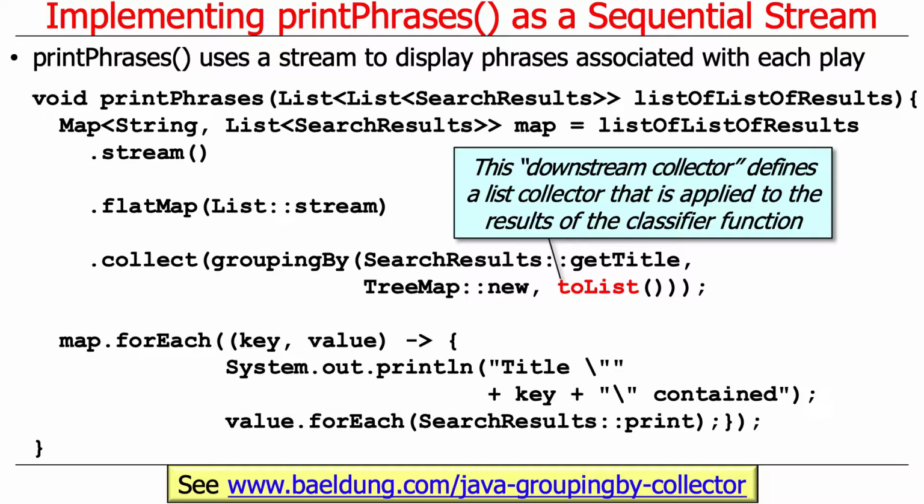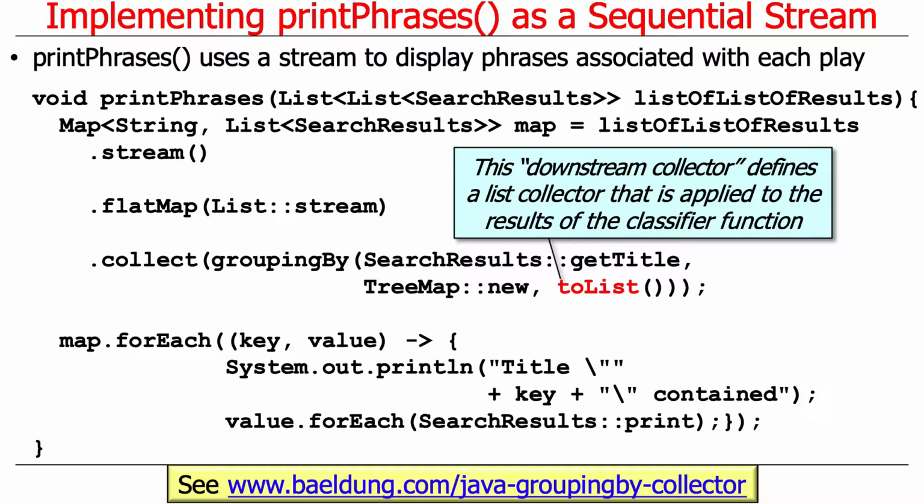and we made those the keys, then what we say is the values in the map are going to be the toList method. And what toList will do, as you can see here, is it'll take each of the search results that we've gotten as a result of our stream, and it's going to stick them at the end of the appropriate list corresponding to the title that they're associated with.